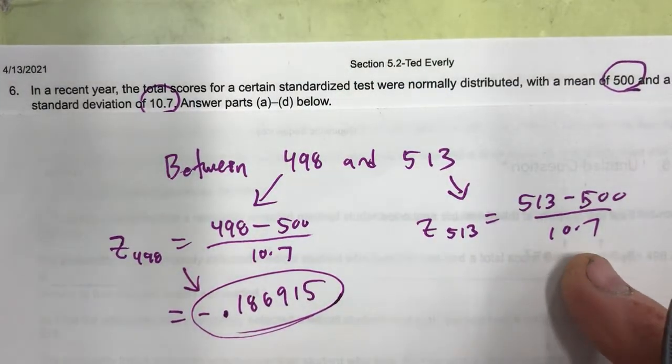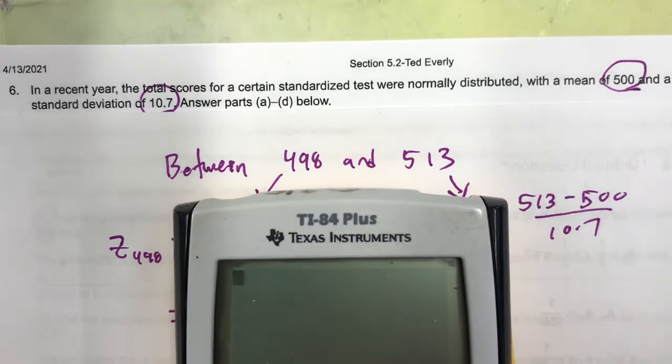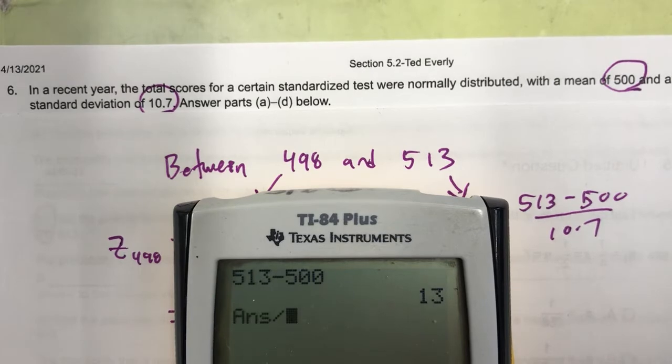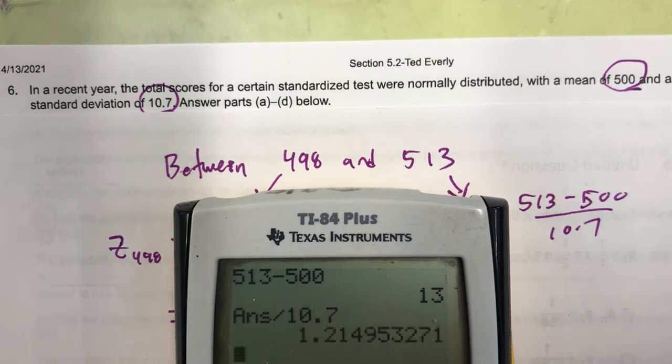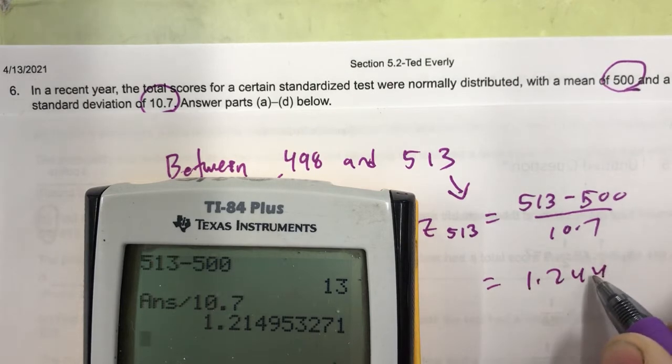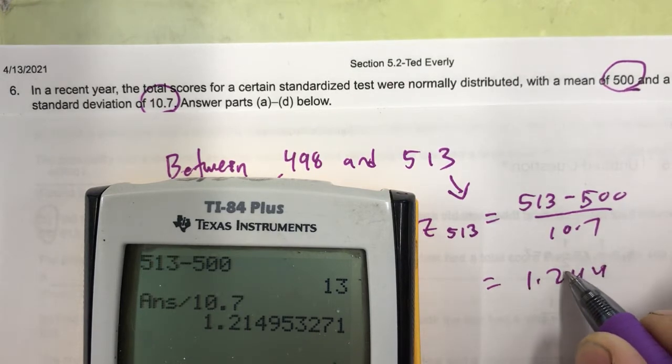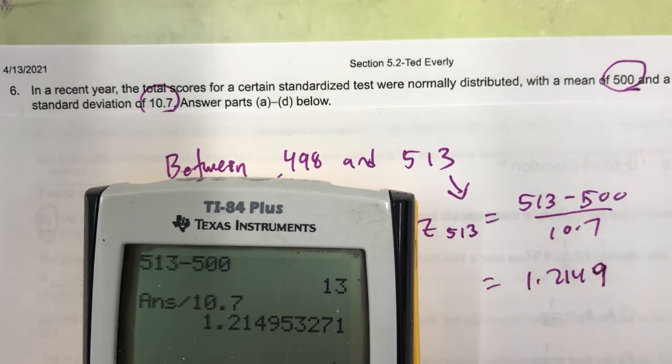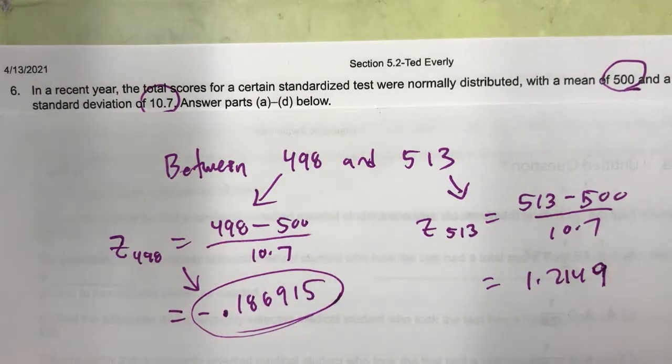All right, now let's find the z-score here. So I'm going to do 513 minus 500, and then divide by 10.7. And I get this right here, 1.2149. Okay, there's my z-score here.